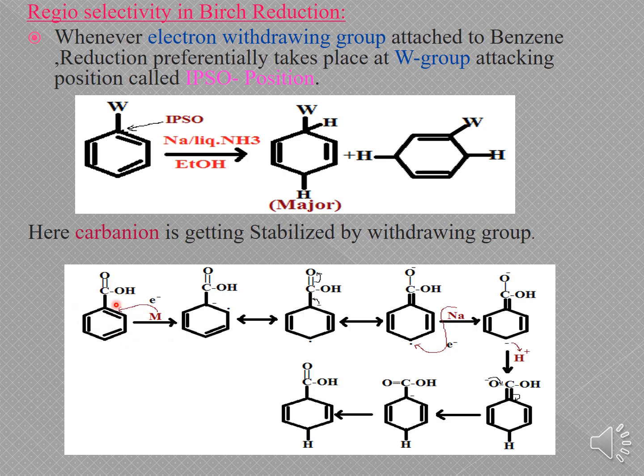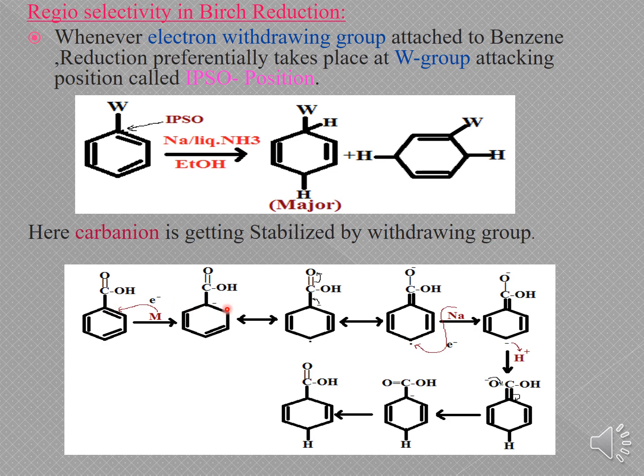Moving on to the mechanism, here is the electron withdrawing group, that is, you are taking the carboxylic acid, and if you are treating it with the metal, this metal will lose one electron. So a radical is formed, and then the electron will attack, so it will gain the negative charge.